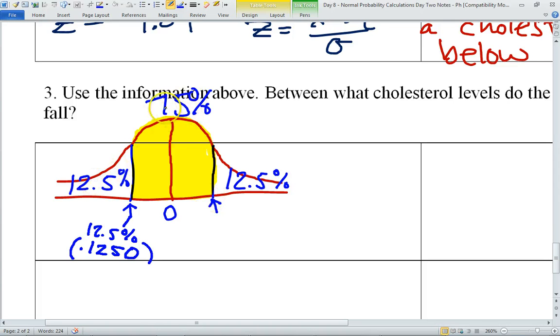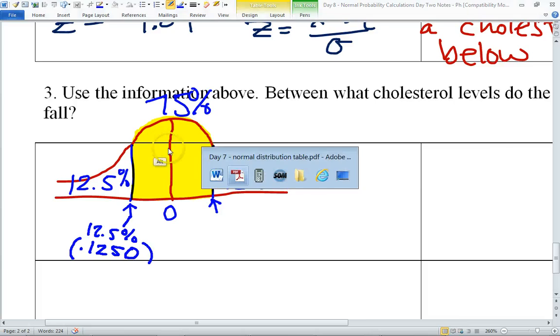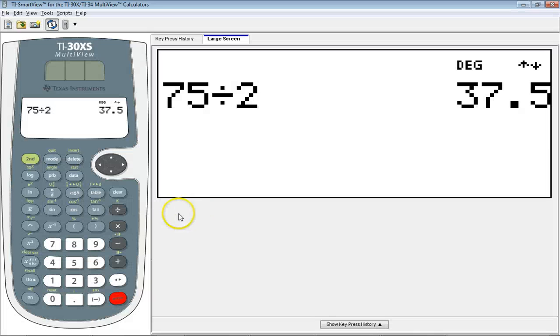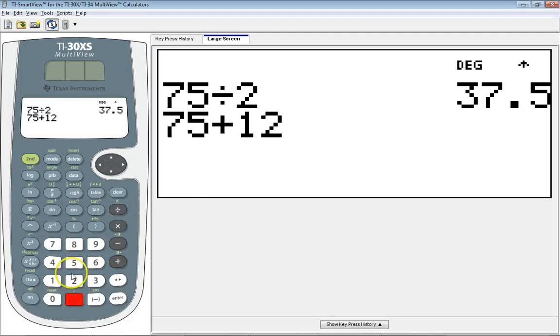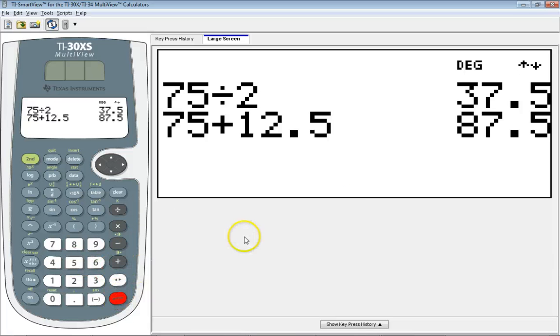Yeah, I'm going to have to add the 75%, which gets me to here, plus the 12.5%. That's going to give me the whole distance. So what's 75 plus 12.5? Just in case you couldn't do it in your head, that's going to be 87.5.